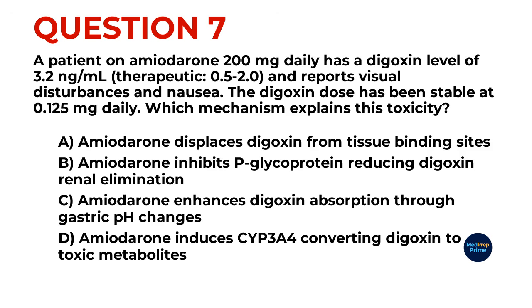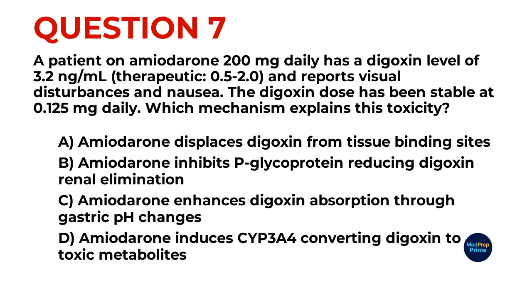A patient on amiodarone 200 mg daily has a digoxin level of 3.2 nanograms per milliliter, therapeutic 0.5 to 2.0, and reports visual disturbances and nausea. The digoxin dose has been stable at 0.125 milligrams daily. Which mechanism explains this toxicity?